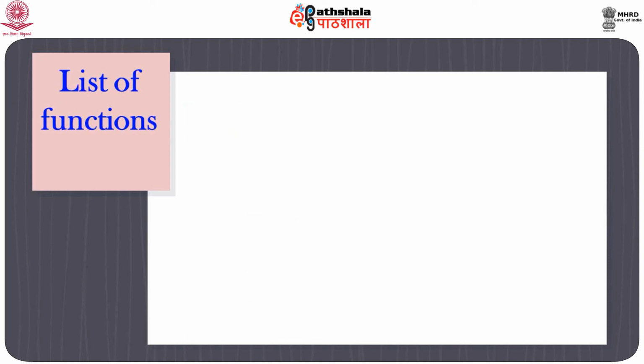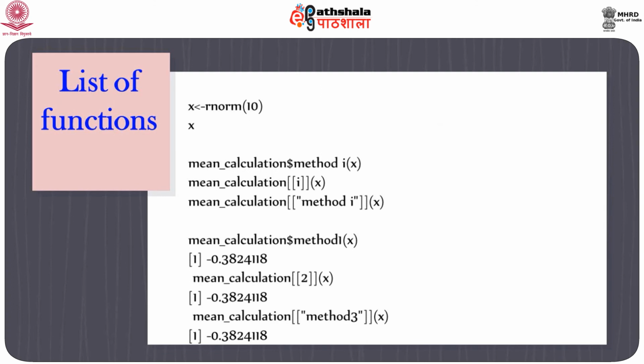So now the function consisting of three methods to find the mean has been constructed. Our next issue will be to use it properly, and for this we need to call it at first. Suppose we generate 10 numbers from a standard normal distribution, and this is our x.